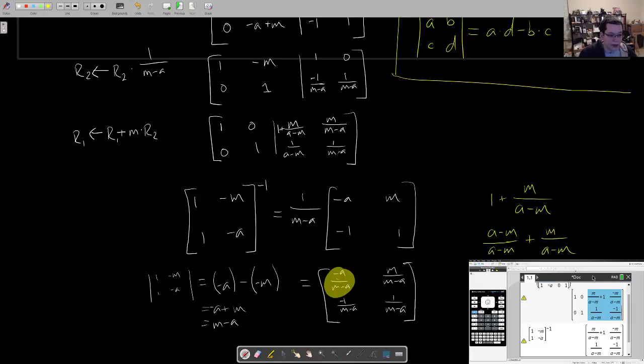Then we really have a minus m plus m over a minus m. Those go away. You're left with a over a minus m, which matches. So they are the same. I hope you are convinced.